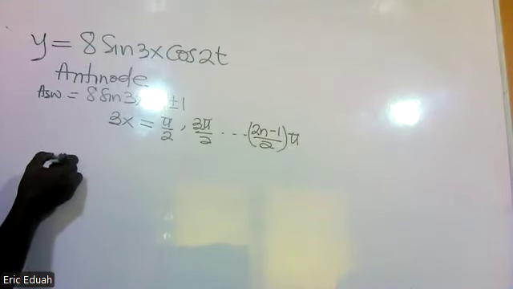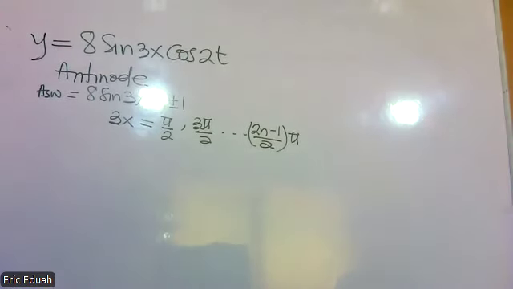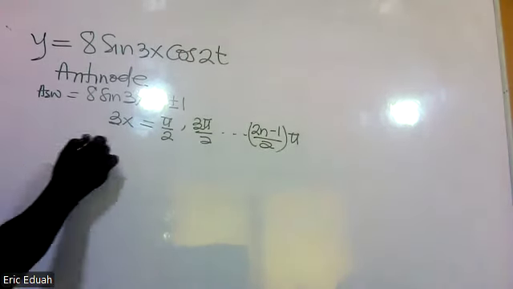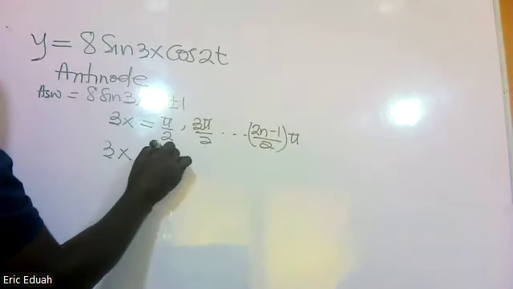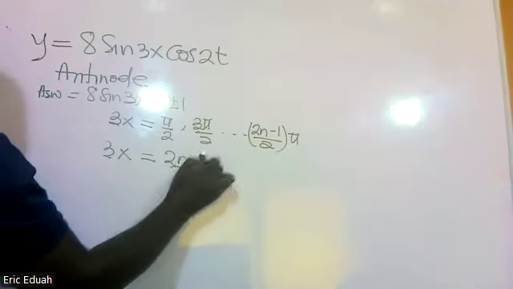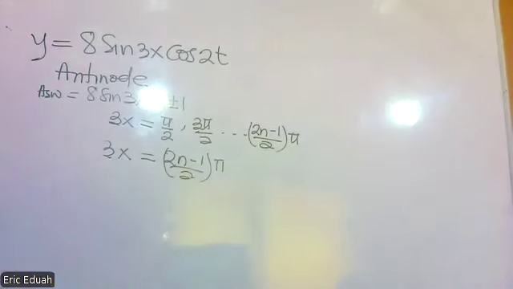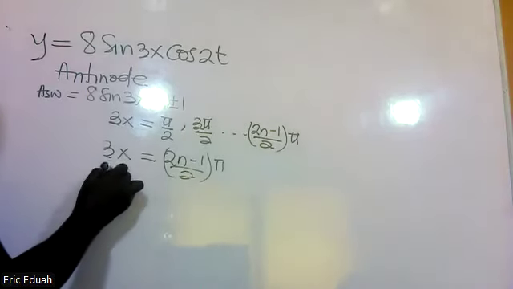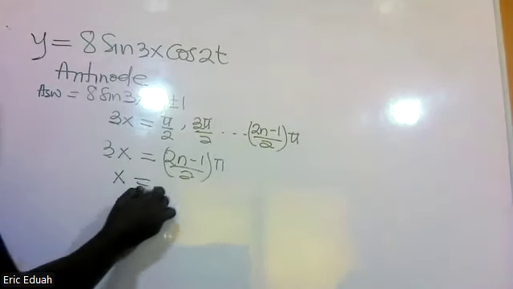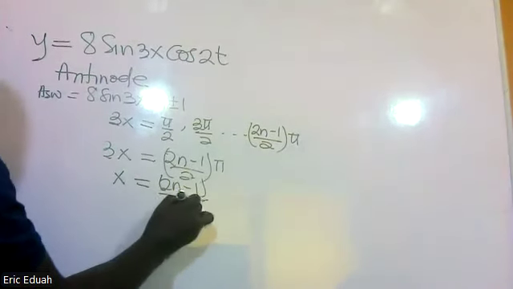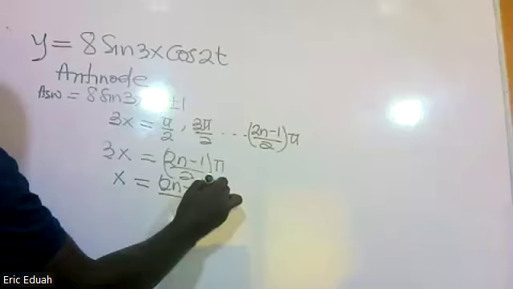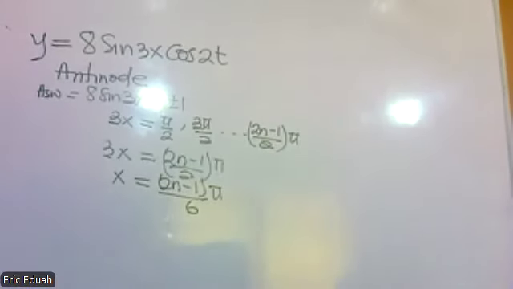Okay. Are we okay? So 3x is equal to (2n minus 1) all on 2 times pi. It means that x will be equal to (2n minus 1) all on 6 times pi when we divide through by 3.